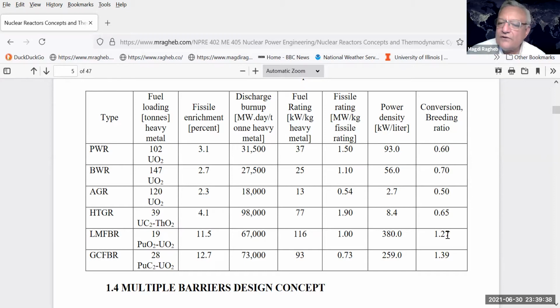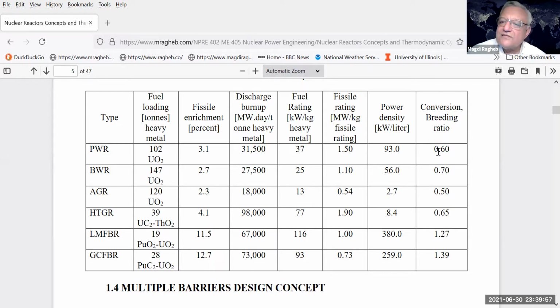We are not using breeders today because the price of uranium is very low. However, we cannot continue along this line. We have maybe a 50-year supply of uranium without going to the breeding process.